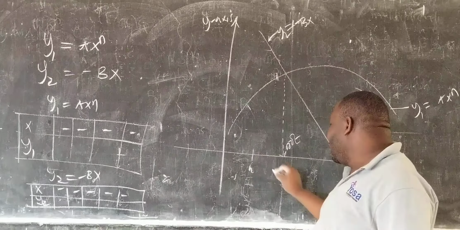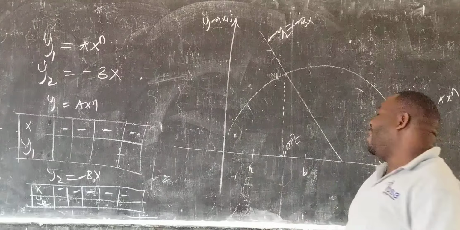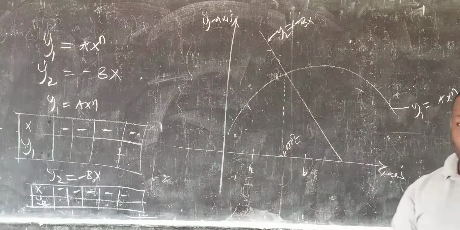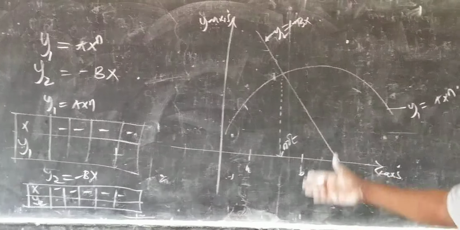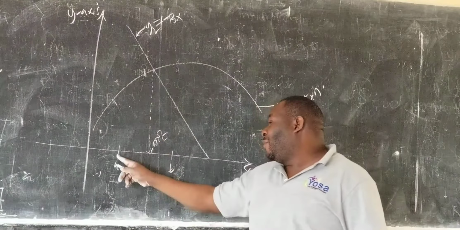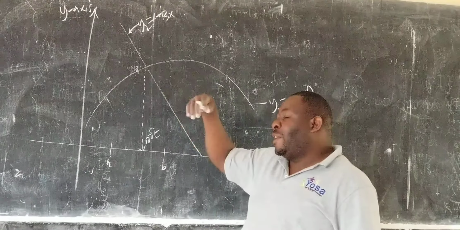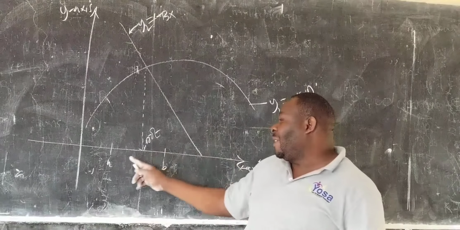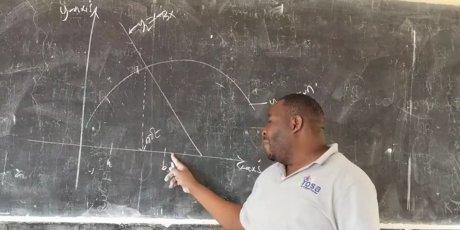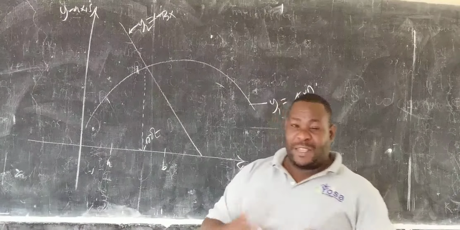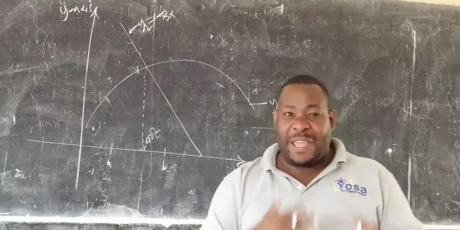And if the interval is a and b, and you are required to locate the interval where the roots of the equation lie, then you can locate the interval. If the graphs y1 and y2 intersect between a and b, then you can make a conclusion that the equation has a real root between the interval a and b.